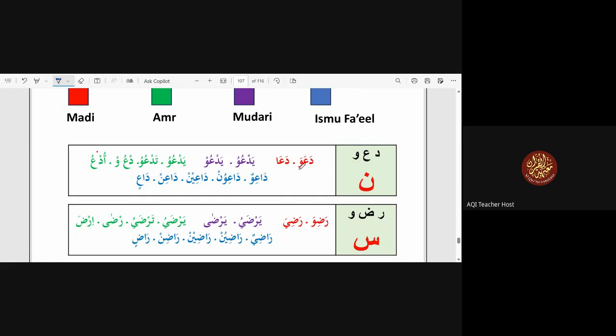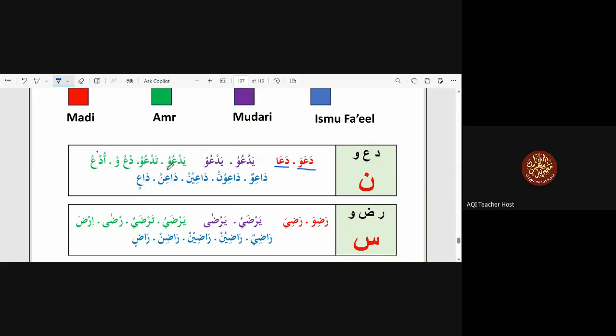The original madi verb is da'awa, and we know that this wa, when preceded by fatha, becomes alif. This is rule number 1, the fatha rule. For mudari it is yad'u, the dhamma rule: wa with dhamma is difficult to pronounce, so it gets sukun and it becomes yad'u.